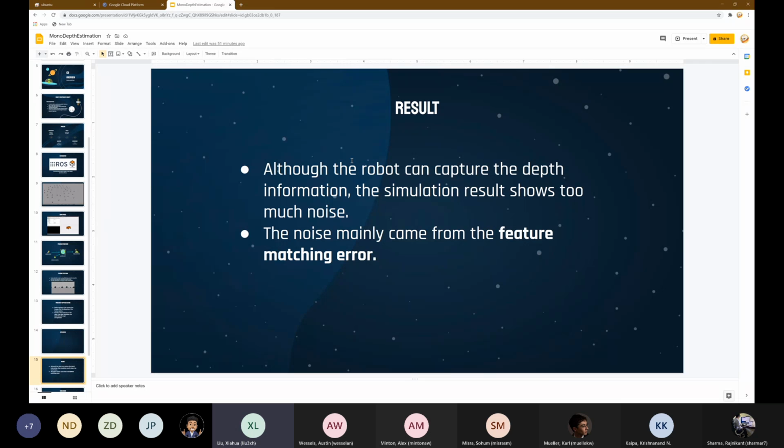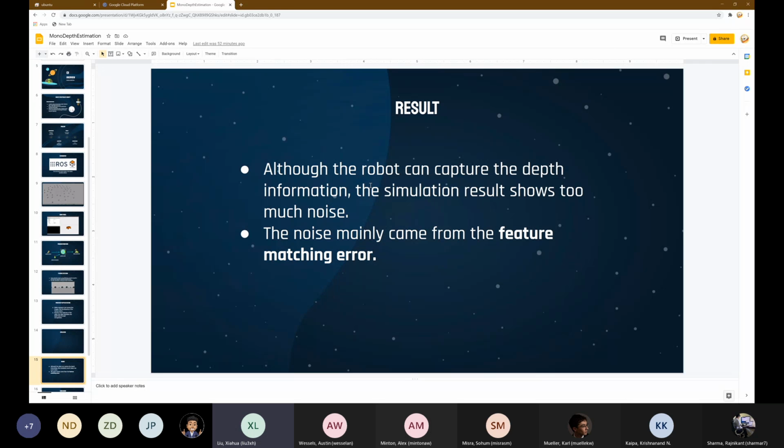The results were shown just before, and you can see that although the robot can capture the depth information, the simulation results show too much noise. I think the noise mainly came from feature matching errors. While I was coding the feature matching part, a lot of points were matched randomly.